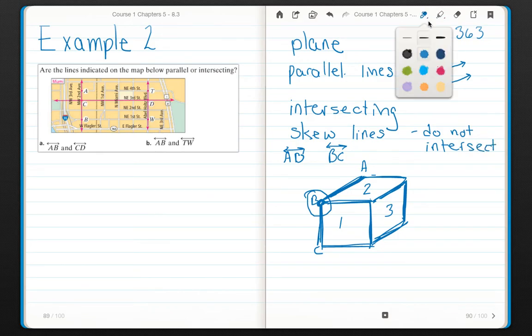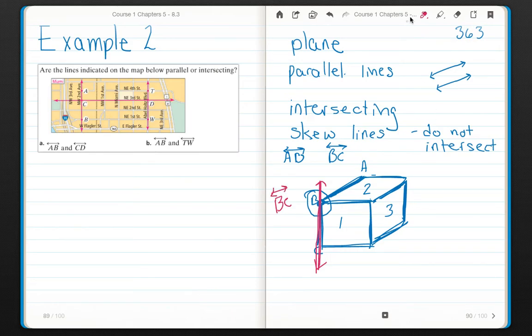So if you think about line BC that we had here, and if I take another line, E, F, G, so let's take line DF.